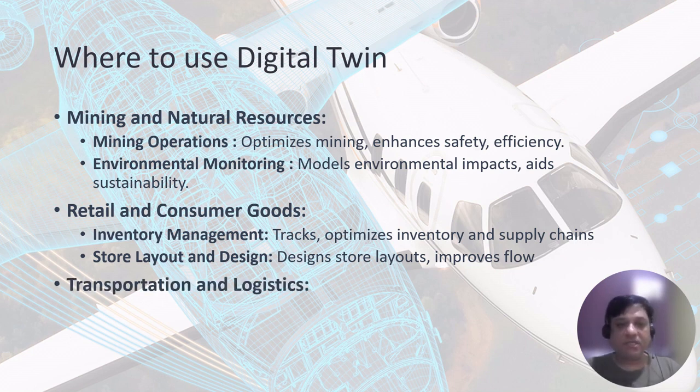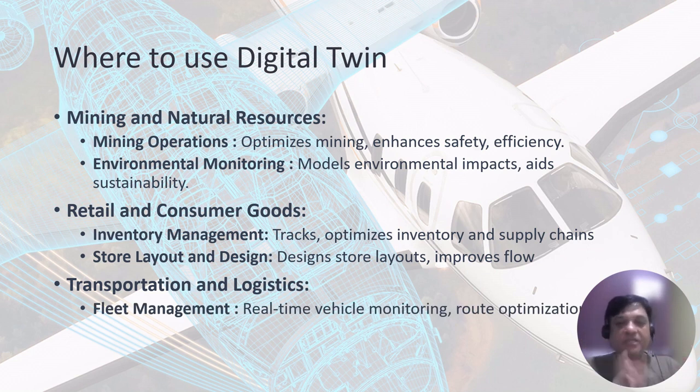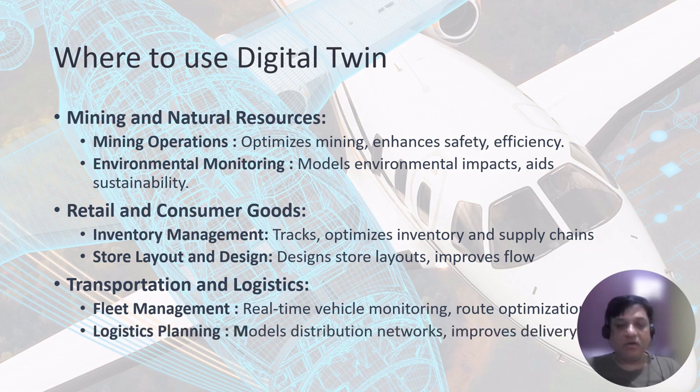Transportation and logistics. The first one is fleet management. It monitors vehicles in real time, optimizes routes, and reduces operational costs. Then is logistics planning, where digital twins model distribution networks, enhancing delivery efficiency.